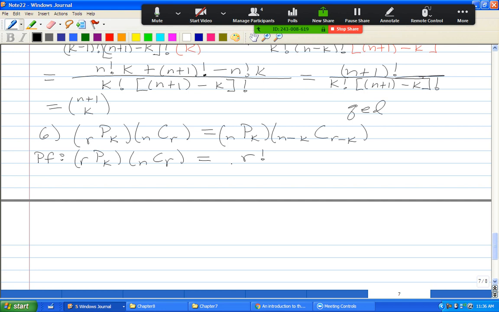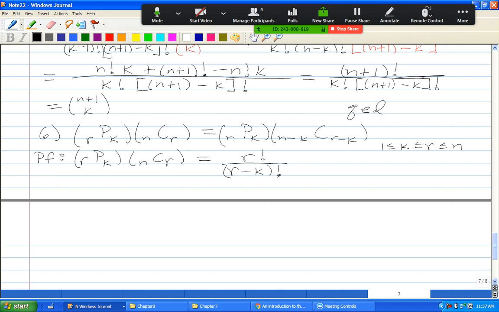RPK is R factorial over R minus K factorial. Here we're assuming that K is smaller, so R minus K is positive.